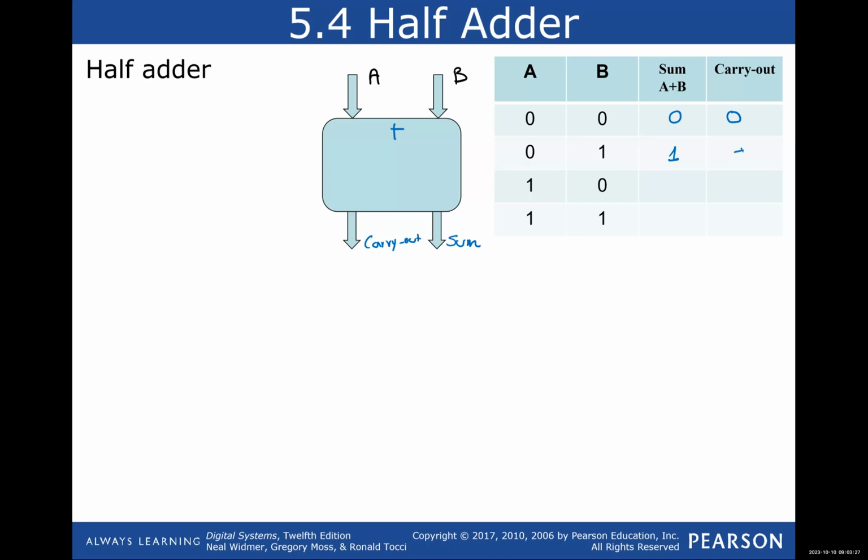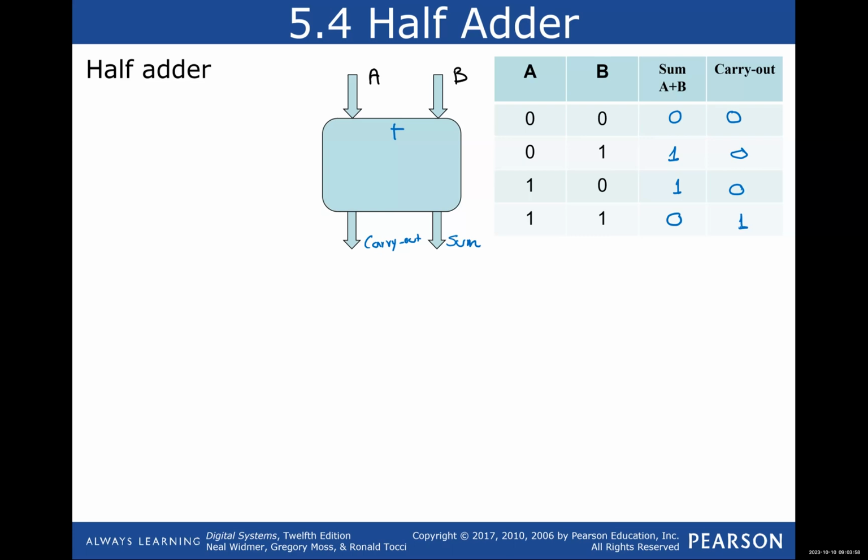No, so the carry out is going to be a 0. Now for 1 plus 0, it's just 1, and your carry out is just a 0. Now for 1 plus 1, excellent. The summation is going to be a 0, and the carry out is going to be a 1.